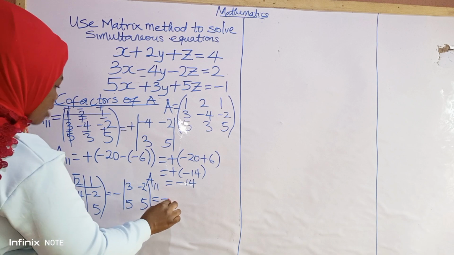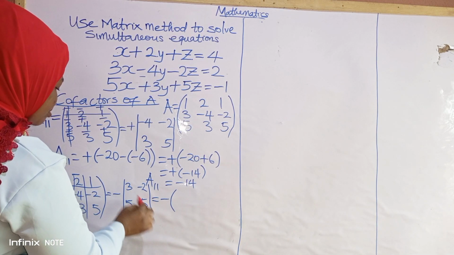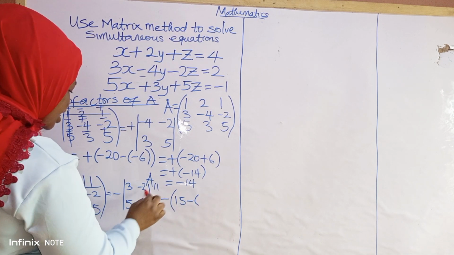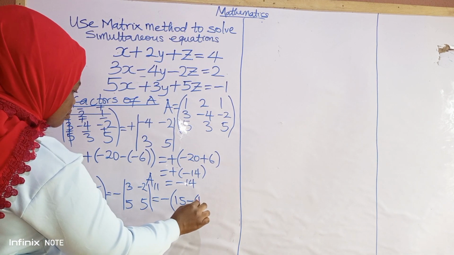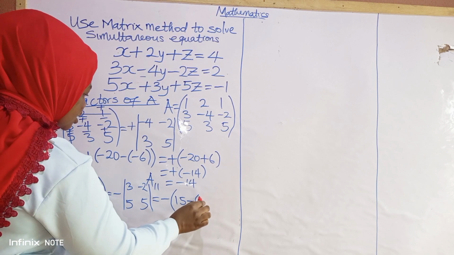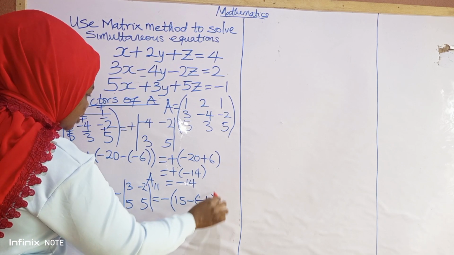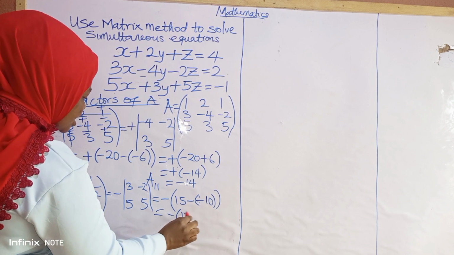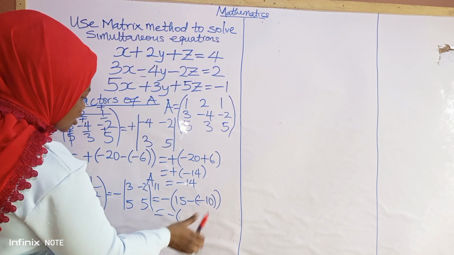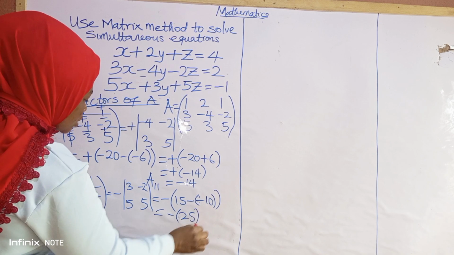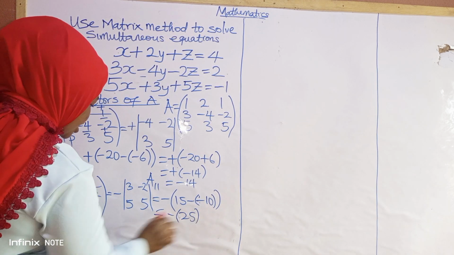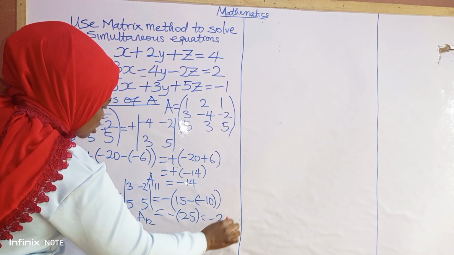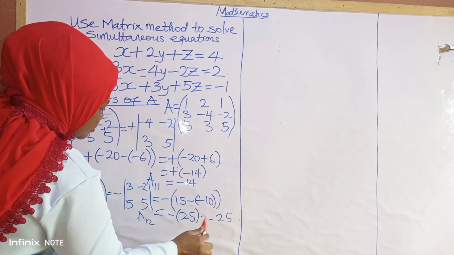And that will be what? Minus into brackets. We multiply 3 by 5, that's 15. Then minus minus 10, plus 10. And that is what? Minus into brackets 15 plus 10, and that is 25. So multiply it. So A12 is equal to minus 25.